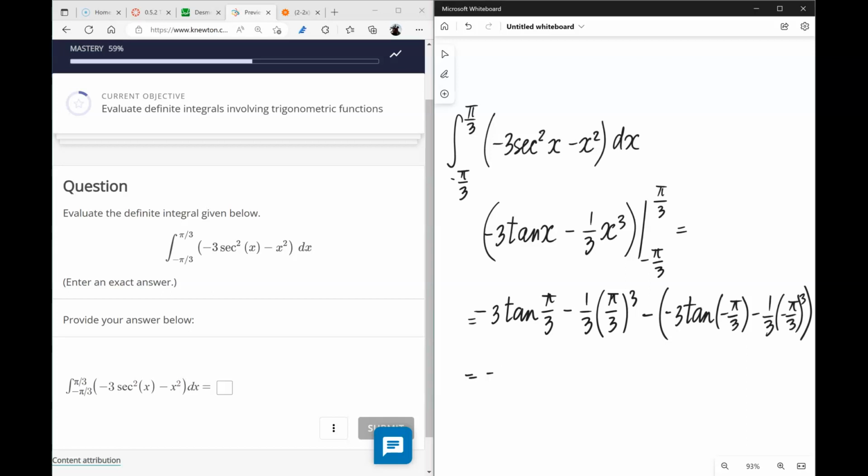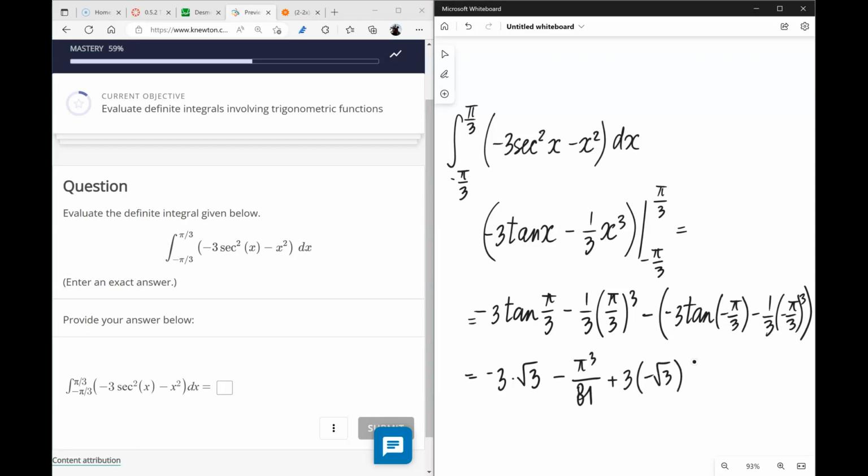So tangent of pi over 3 is sine of pi over 3, root 3 over 2, divided by cosine of pi over 3, which is 1/2. So it's root 3. So we have negative 3 root 3 minus pi cubed over 81 plus tangent of negative pi over 3, which is going to be negative root 3.